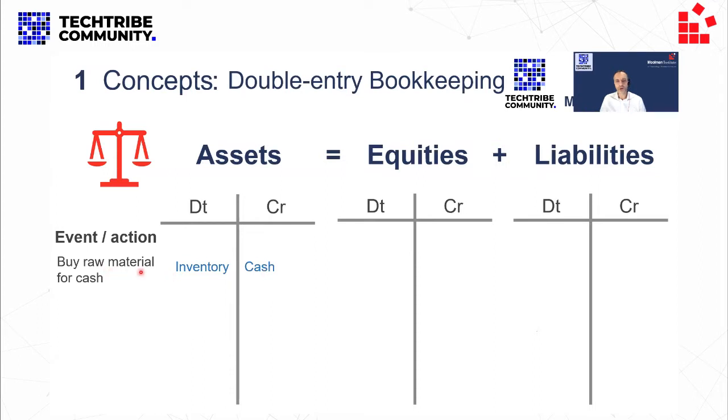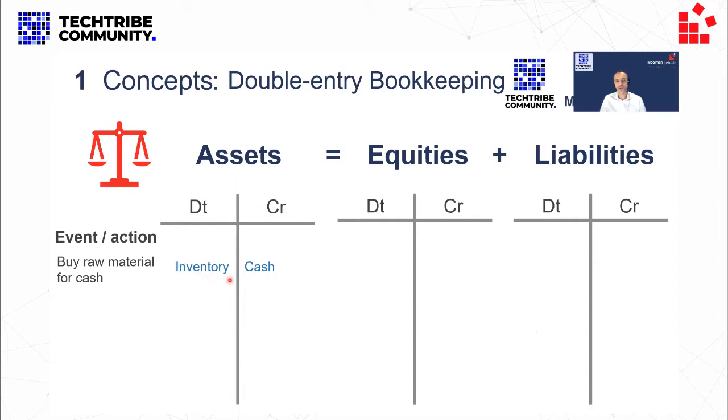So when you buy raw material for cash, your inventory will increase and your cash will decrease. And note that you are now following the rule of double entry bookkeeping, which is two accounts must always be affected for every action. We are affecting two accounts and we're debiting one and crediting another one, which means our accounts will balance because the assets will actually remain at the same value.